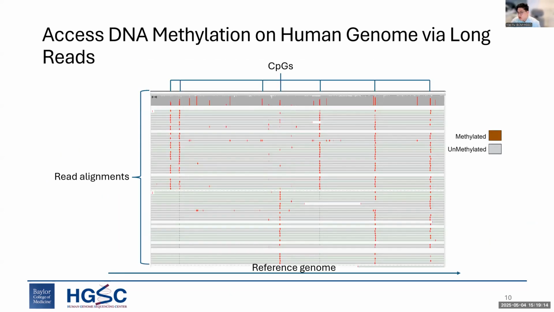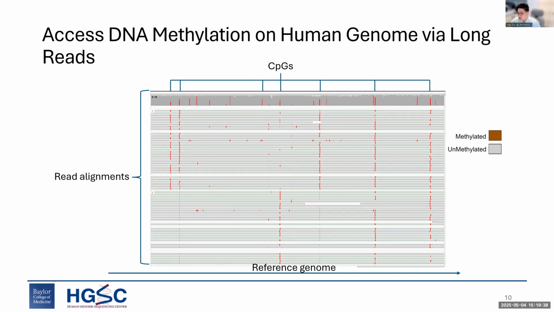So to go into more detail, here we show how exactly the assessment of DNA methylation on long reads is usually performed with read alignment, where the reads are aligned to the reference genome. A score on each CpG location on each read is reported, which can be visualized like what I'm showing in the slides.